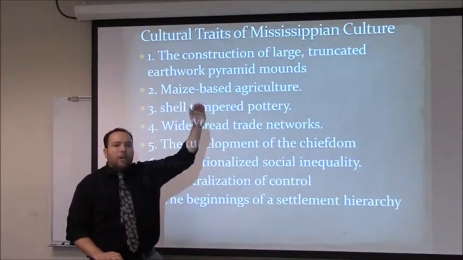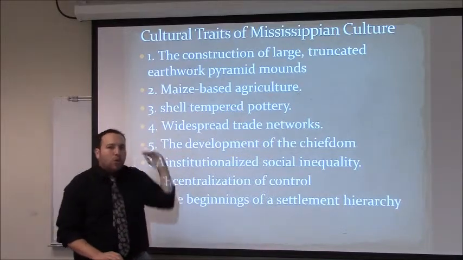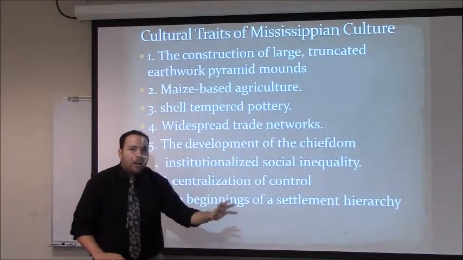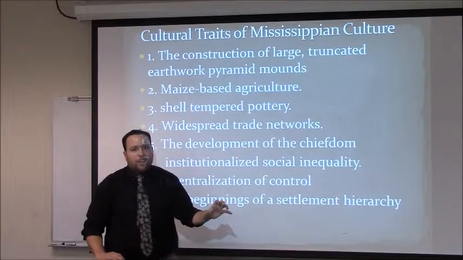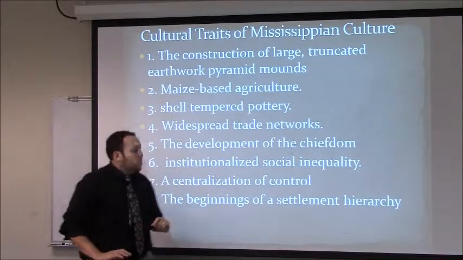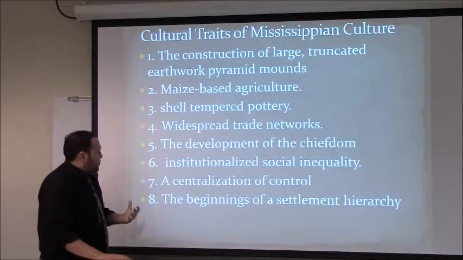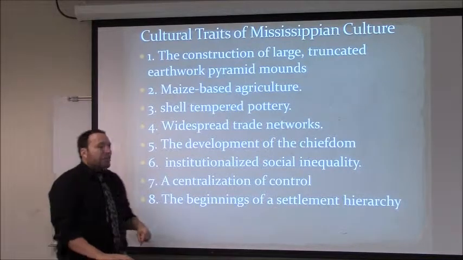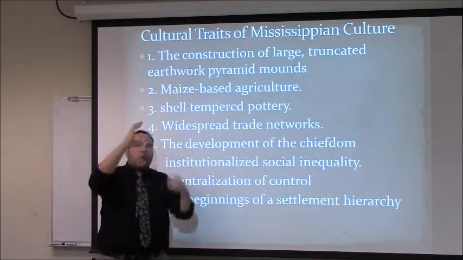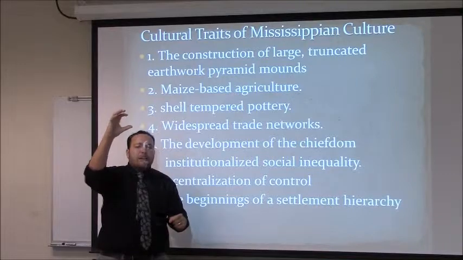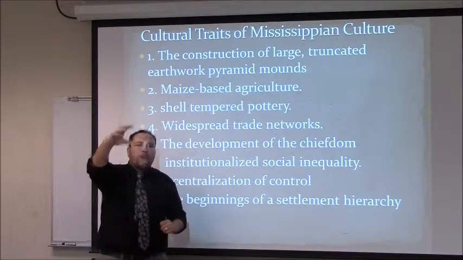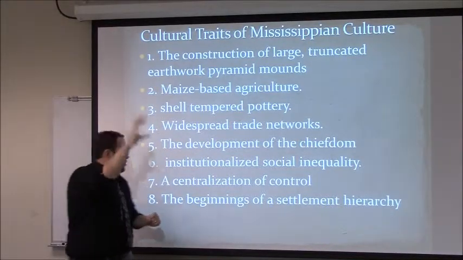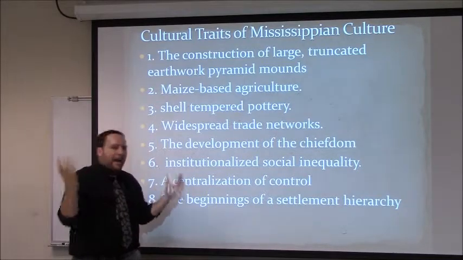Anytime you have someone at the top, you are consequently going to have somebody at the bottom who's being taken advantage of, typically poor farmers, as we've seen throughout history. Also, the centralization of control. The power now lies with the chief at the top, who's making the political and the religious decisions for the community as a whole.